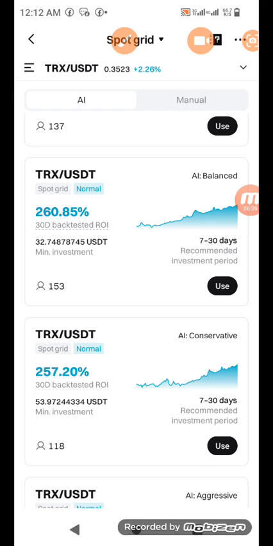If you see the word AI aggressive, it simply means that it's high risk, but it trades so much. Within the period of this spot trading, the period you are going to put in, like you are seeing the 7 to 30 days, you can trade 50 times.